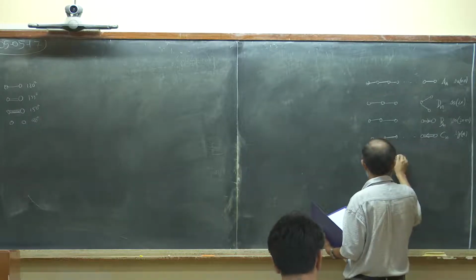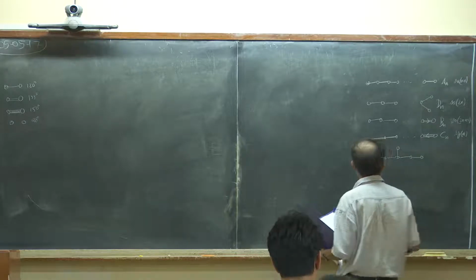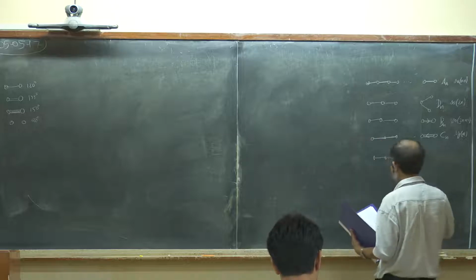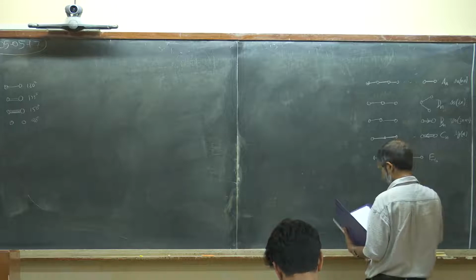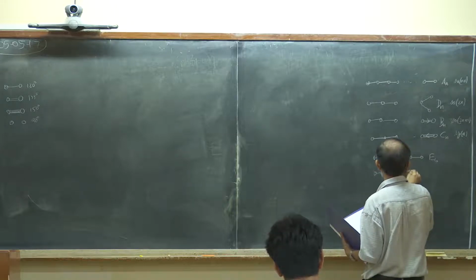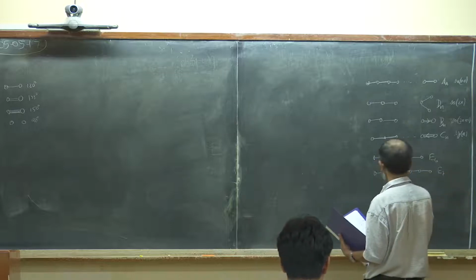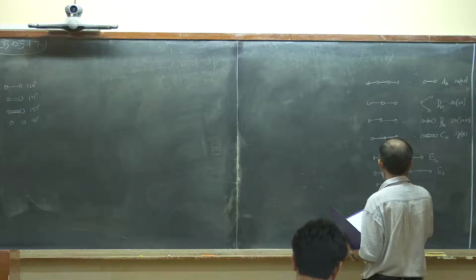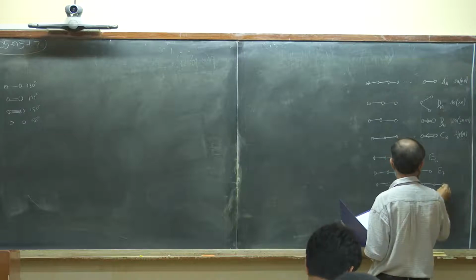and these are what are called the exceptional Lie algebras. These are isolated objects. They are not part of any class. It is called E6. It's called E7. This is called E8.